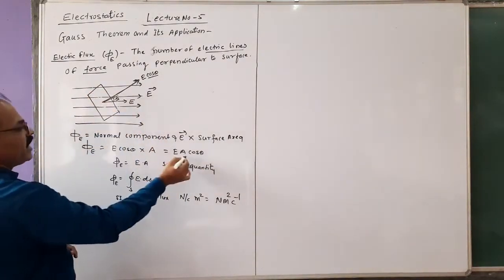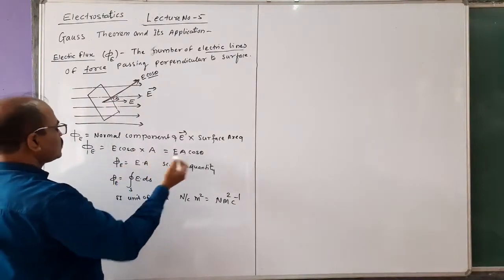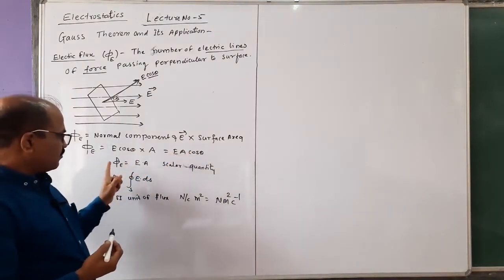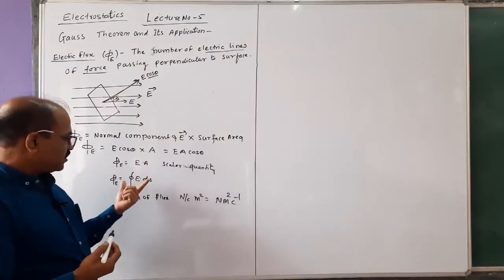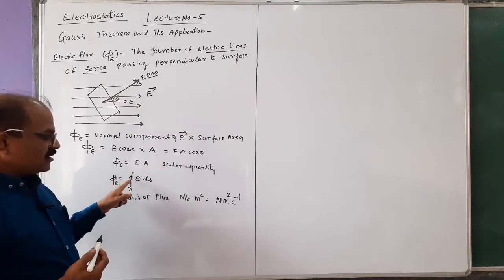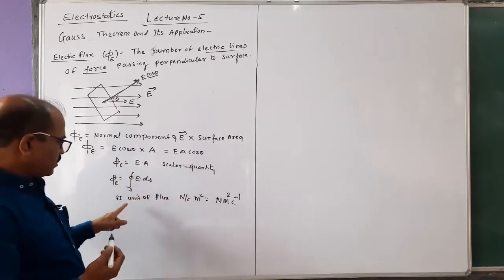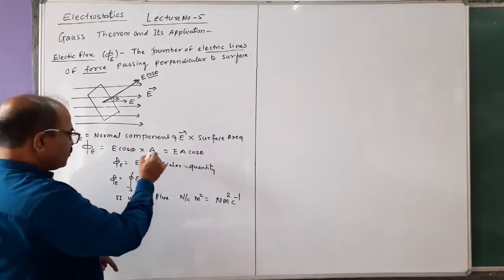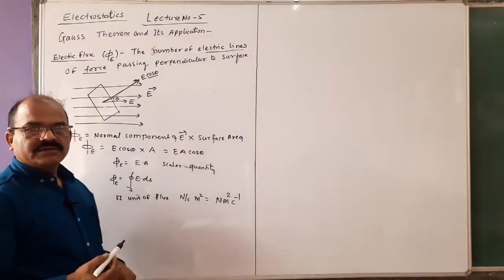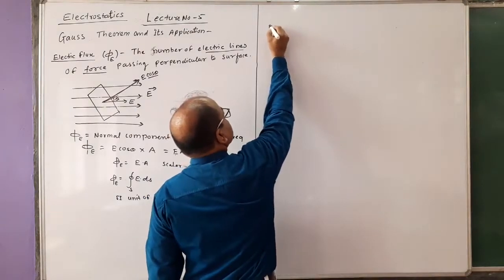The area of this surface is A, so this is E cos theta into A, EA cos theta. This is a scalar quantity, so flux is E dot A. If there is a closed surface, electric flux equals the integration over the closed surface of E dot ds, and the unit of flux equals the unit of E times the unit of area. So this is the electric flux. Then what is the Gauss theorem?